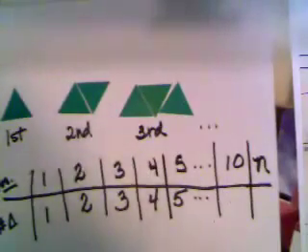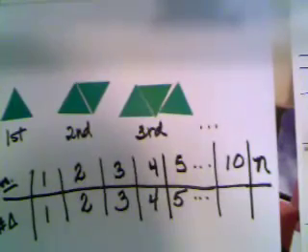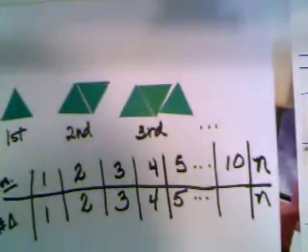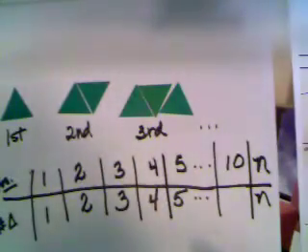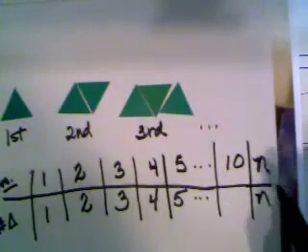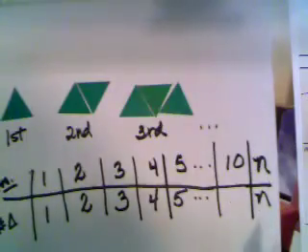And so now you're beginning to make a generalization about the situation. And so there would be n triangles for the nth position. And this now begins the generalization.